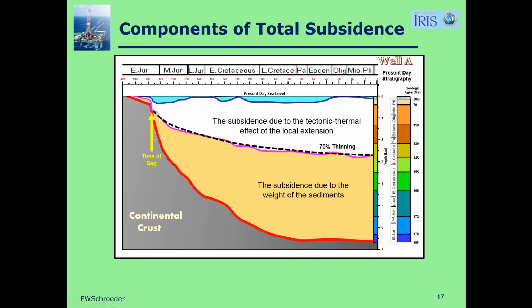So I would say the time when the thermal subsidence, the sag phase, started would be in the latest early Jurassic, and that at this location, the subsidence is telling me that it was probably extended about 70%.